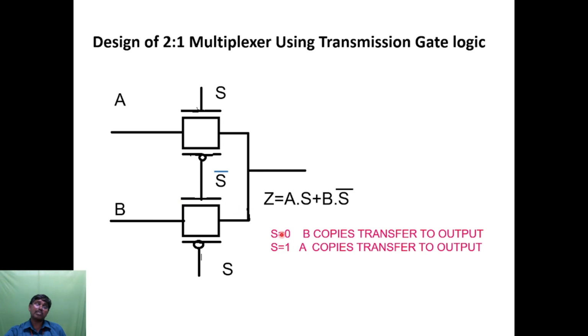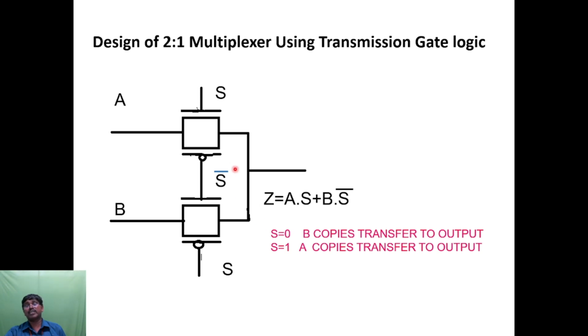When S is equal to 0, P is copied and transferred to the output. When S is equal to 0, here it is 1, so this NMOS is on as well as PMOS on. Simultaneously both will be on, making a bidirectional switch. This will transfer the P output to Z.